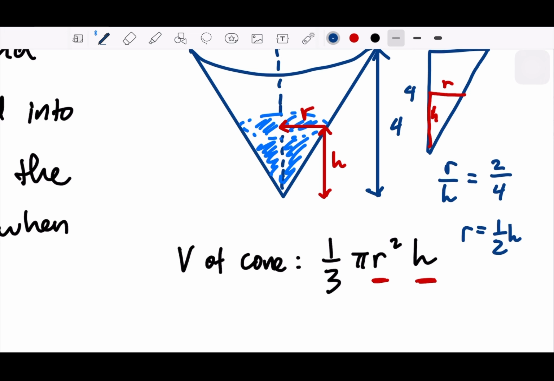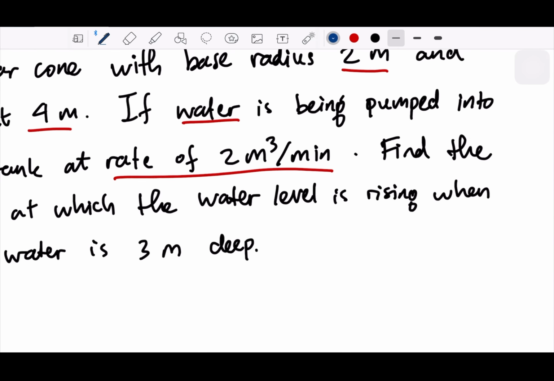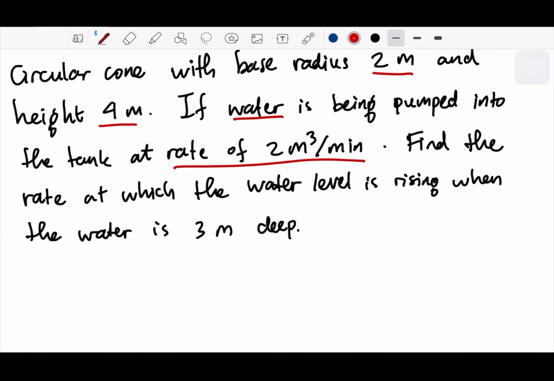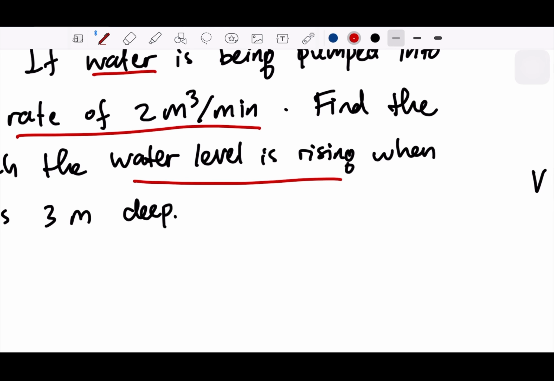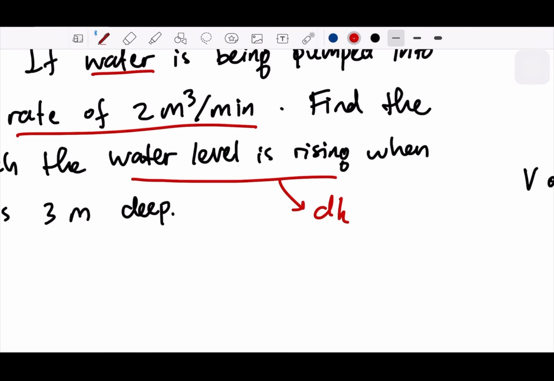The question is asking for the height. Let's see here: find the rate at which the water level is rising. So it means it's asking for dh over dt.